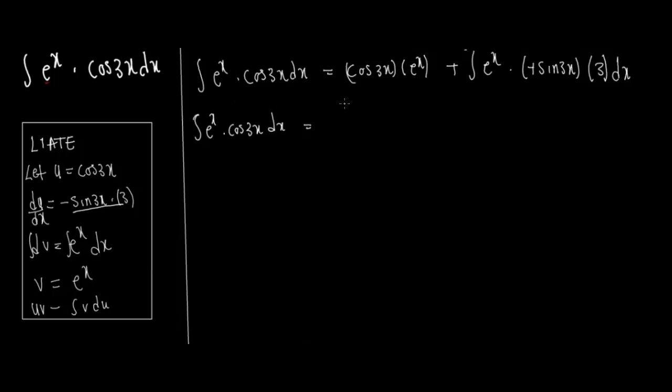So we're going to have the cosine of 3x times e to the x plus. Now we can take the 3 outside. Here we'll apply the integration by parts formula.